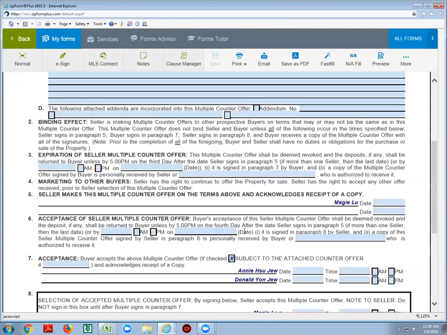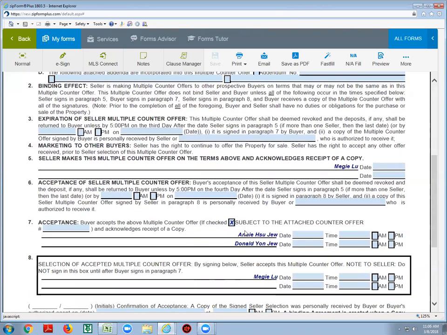So that means all the signatures, especially on a multiple counter offer, all the signatures. You see that? Did you see any initials? Only at the bottom of paragraph 8. So basically what you see here, the seller making a counter, they sign paragraph 5. 6, if the buyer accepted, you sign it right here.